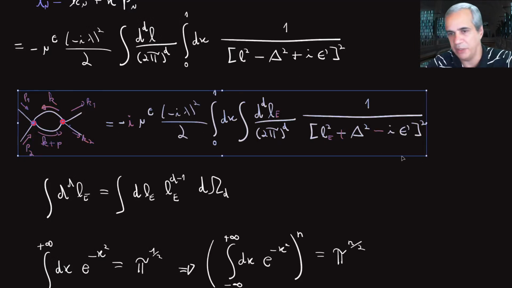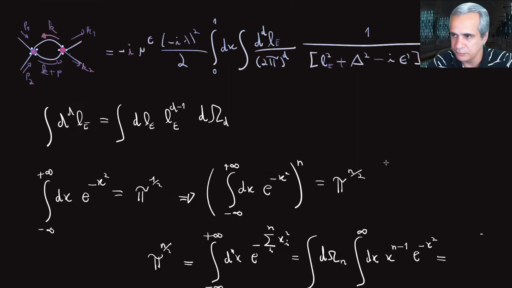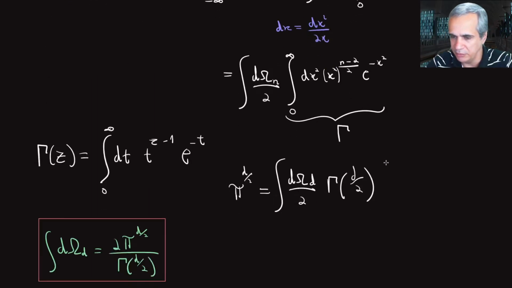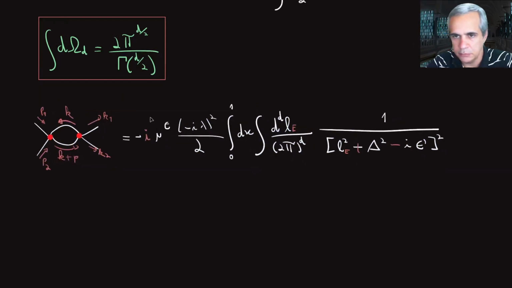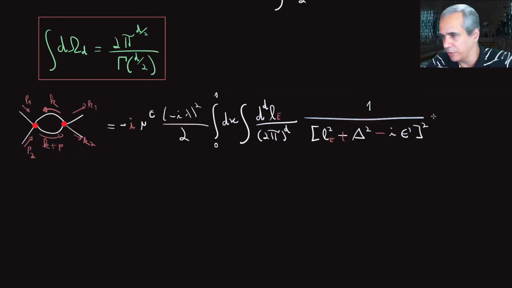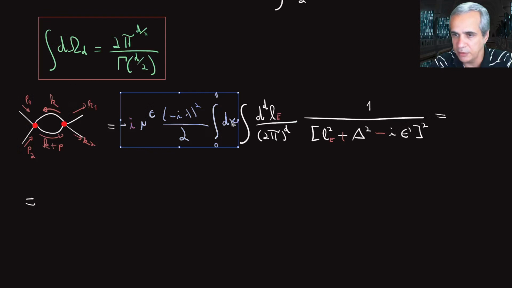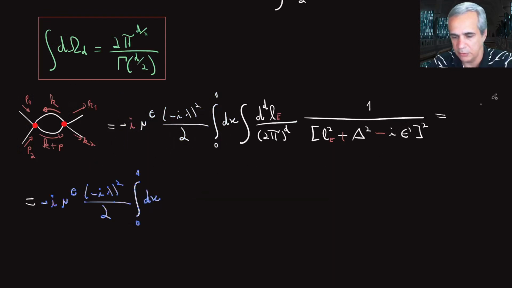So now I can copy this down here. Let me take it all the way down here and write this integral in spherical coordinates, these generalized spherical coordinates. So let me just copy this whole part here. This is fine. Now this part I'll write in terms of the integral in the module of momenta.